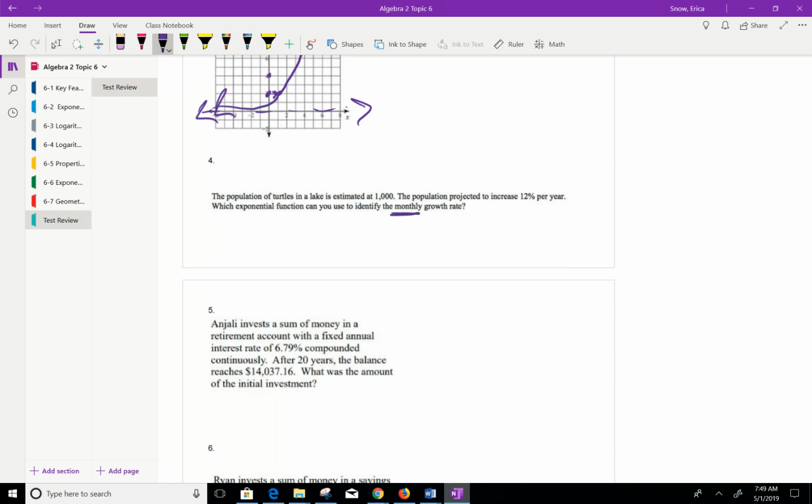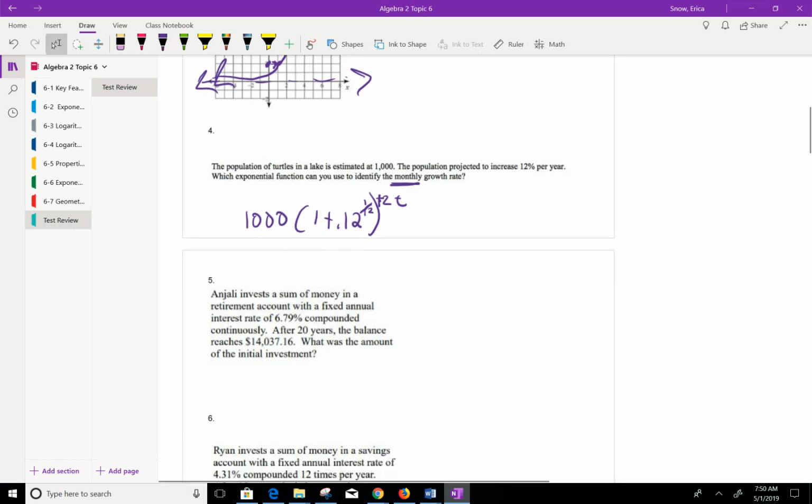So with monthly growth rate, we have our 1,000, we have our 1 plus 0.12, but what we have to remember to do is take this to the 1/12th and then to the 12t. That makes our annual growth rate, but we have to look at it that way.